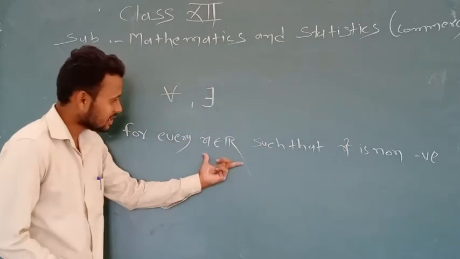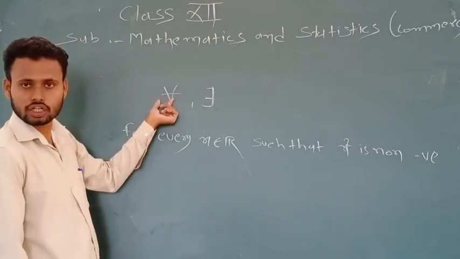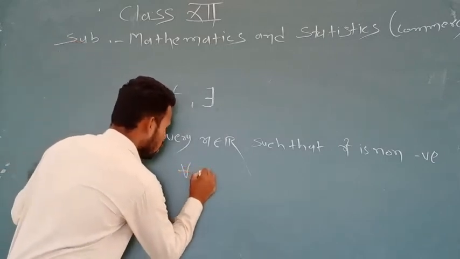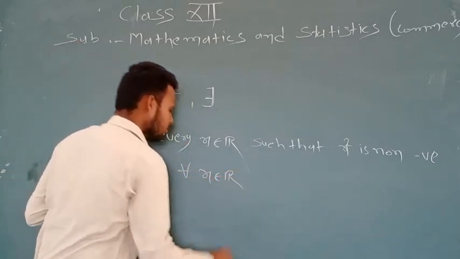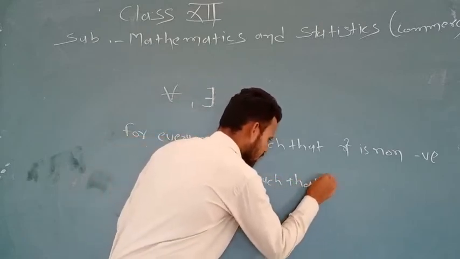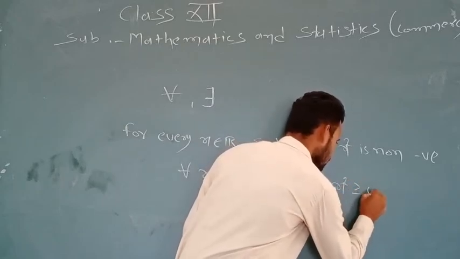Now we can write this sentence in mathematical form with the help of the quantifier for all. For all x belongs to the real number such that x square is greater or equal to 0.